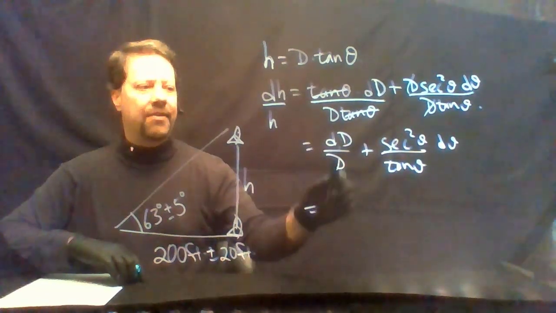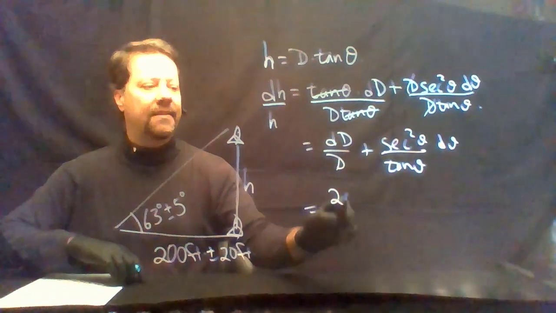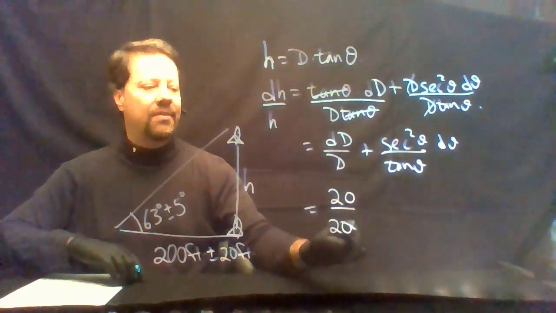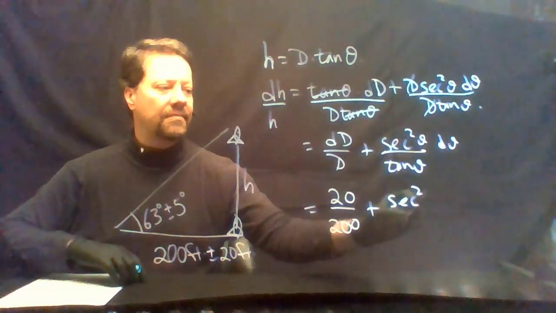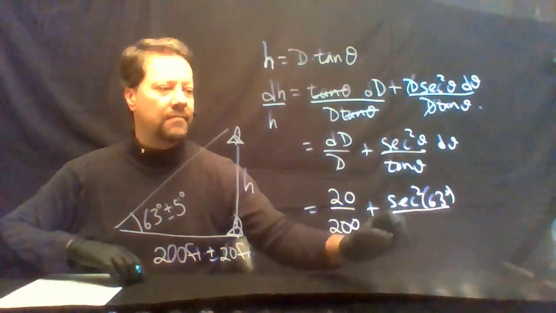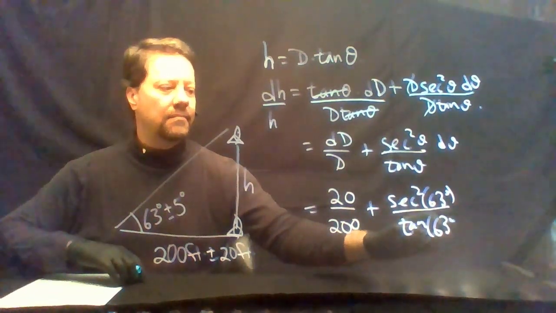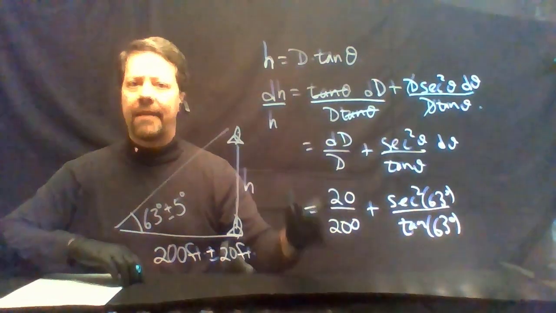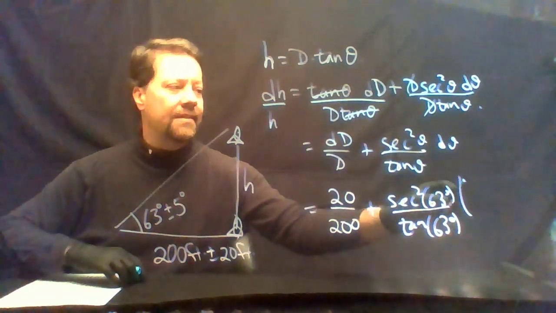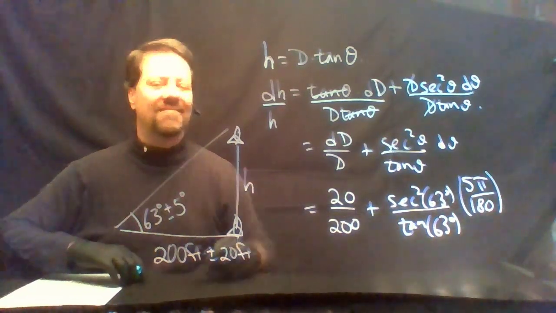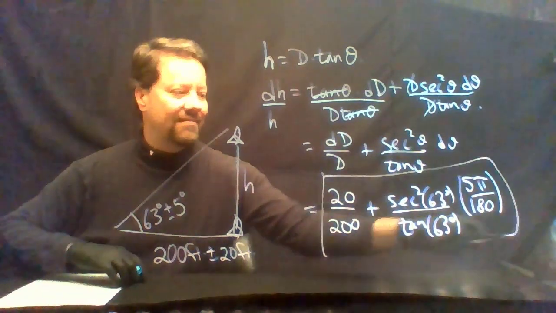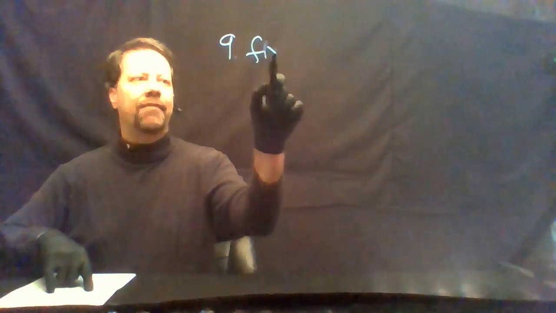Plugging these various values in, the error in d could be 20 feet. d was 200 feet. Theta was 63 degrees. And the error in theta was 5 degrees, but that must be converted to radians. So we have 5 pi over 180. Box it. You're done.